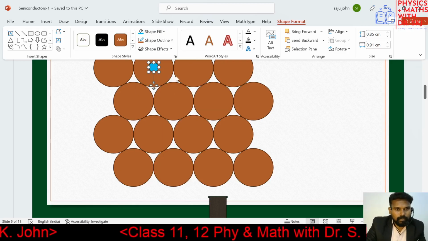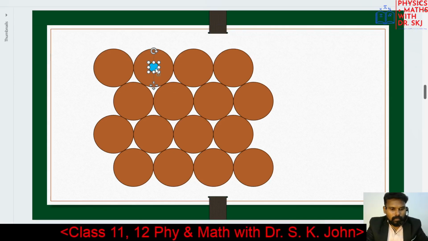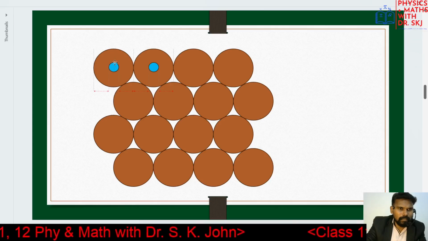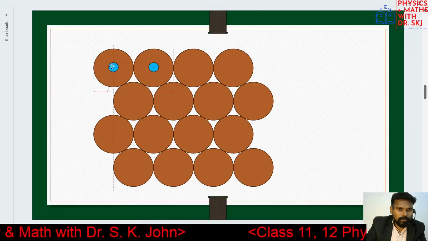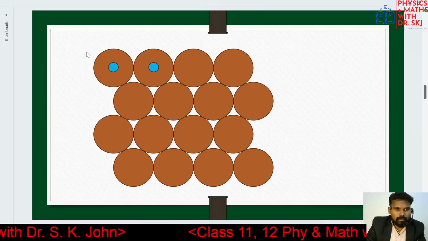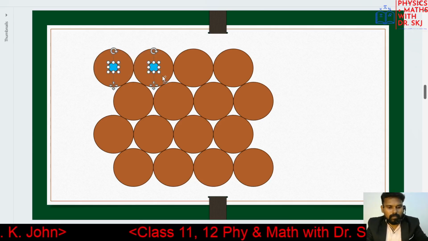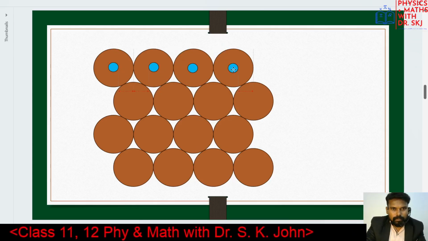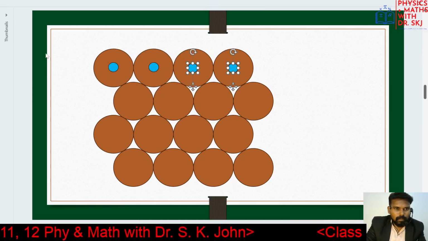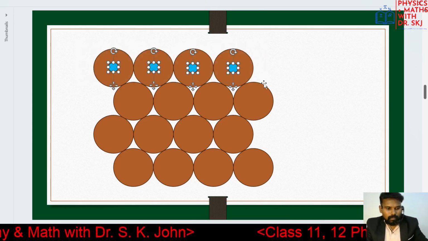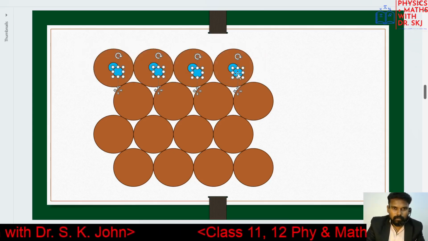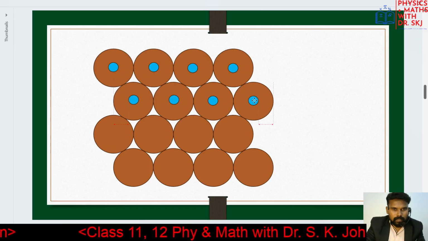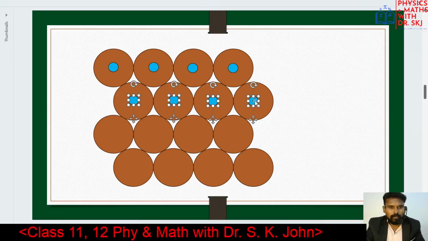These are the nuclei; the nucleus is very small, and at the center. These are the nuclei of those atoms. Let me copy it again. Let these blue spheres represent the nuclei of these atoms.